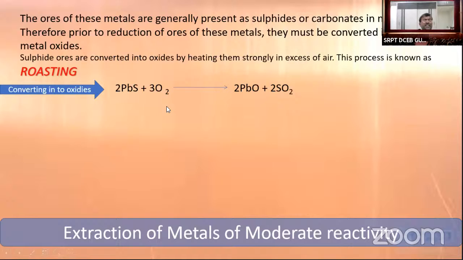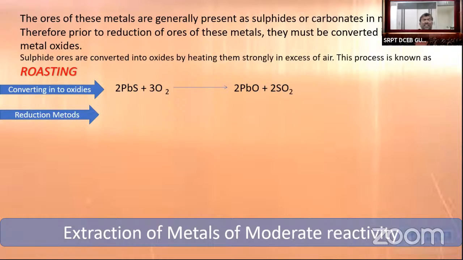So oxidation is taking place in the presence of air, that is known as roasting. We are roasting the lead sulfide to get the lead oxide. In this process, sulfur dioxide is also formed, in the form of a gas. So we have converted the sulfide ore into the oxide form.